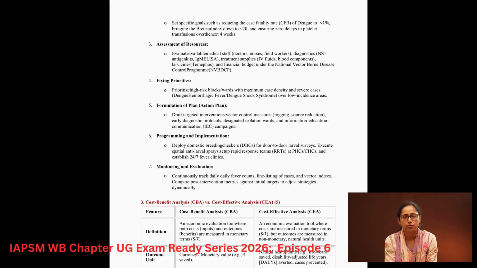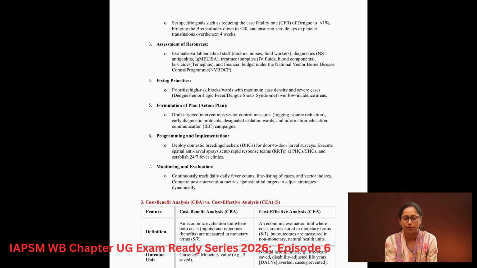Now, assessment of resources, in that you should write about evaluation of available medical staff like doctors, nurses, field workers, diagnostics like NS1 antigen kits, IgM ELISA kits, etc. Treatment supplies like we need IV fluids, IV sets, blood components, larvicides, and financial budget under the National Vector-Borne Disease Control Program.